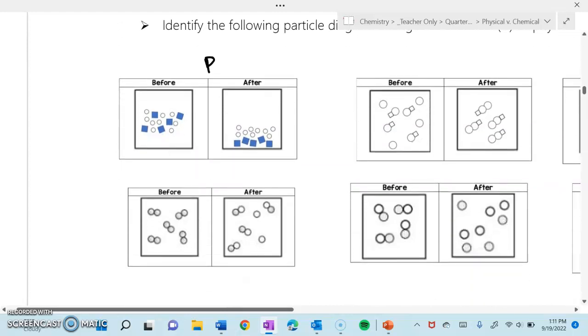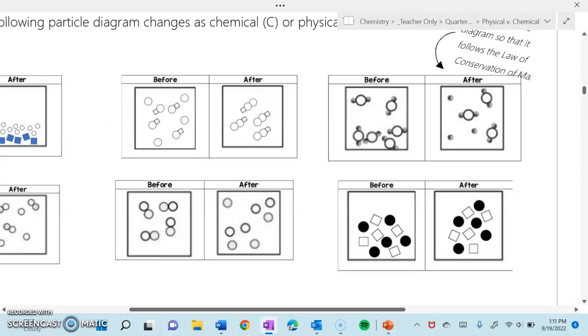Underneath it, we have groups of 2. Now we have groups of 2 and a group of 1. Bond broke. Chemical. Top one here in the middle. We have circle square groups and lone circles, and then after we have groups of 3, circle circle square.